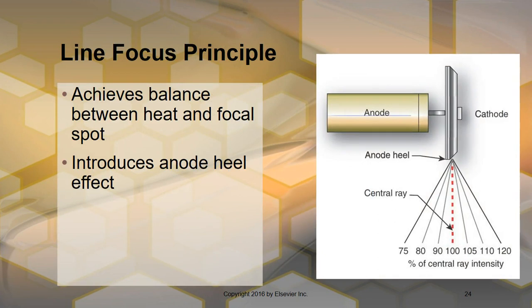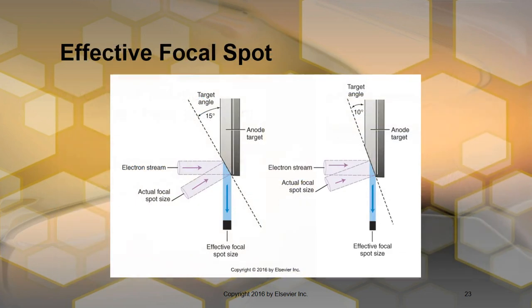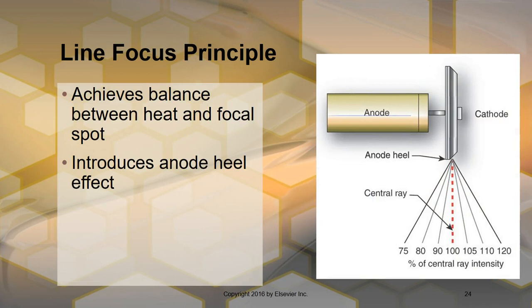This is a balance between the heat area and the projected focal spot, and it introduces the anode heel effect. So go back here. Effective focal spot has to do with the line focus principle. So what it hits and then how it comes down is something called the anode heel effect.